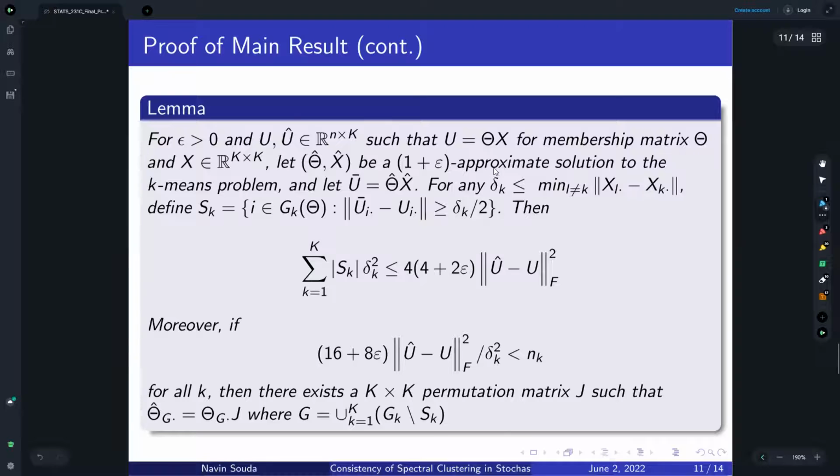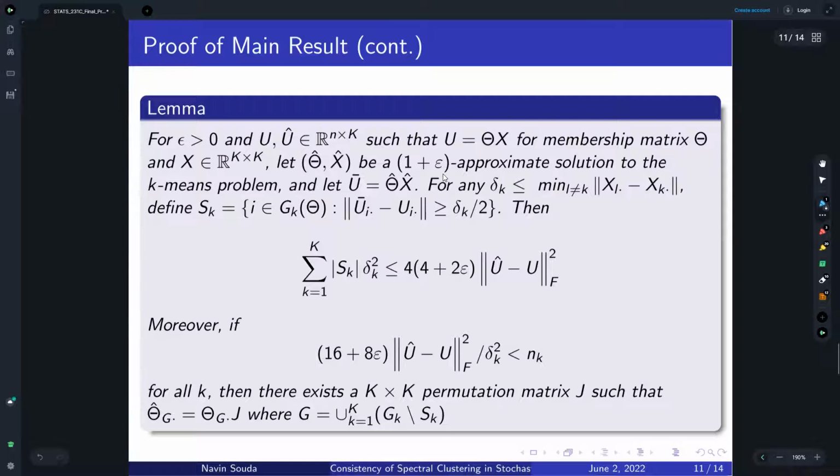Then if we define delta k to be smaller than the minimum distance between rows of X, and define S_k to be the set of nodes where the assigned cluster is far away from the true cluster location that we get from U. And by far away, we mean bigger than delta k over 2.